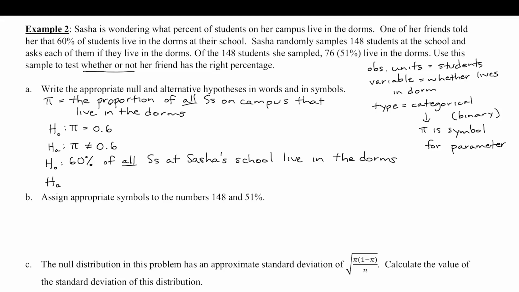And the alternative hypothesis is that the proportion of all students at Sasha's school that live in the dorms is not 0.6. I'm abbreviating a little here. I'm leaving out at Sasha's school just because I'm running out of space.